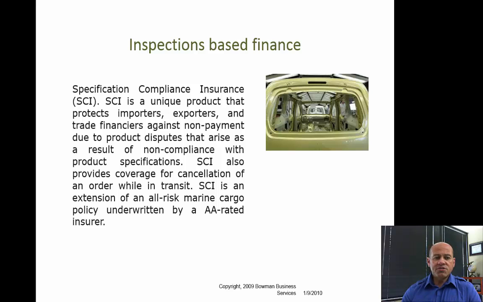So specification compliance insurance, if you look it up on the internet, you can find several different lenders and companies that offer it. But again, not a real common type of vehicle, but it's certainly a best practice, and I've seen it used, and it works very effectively.